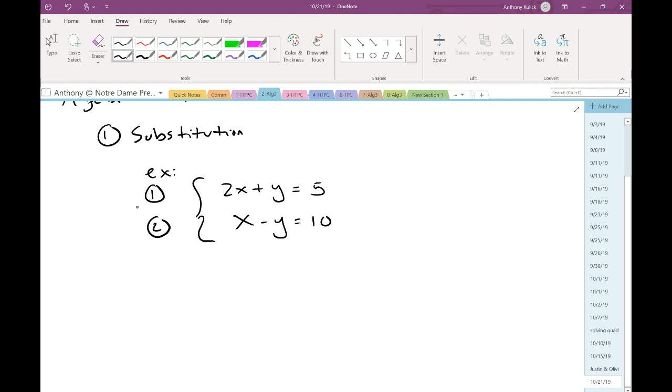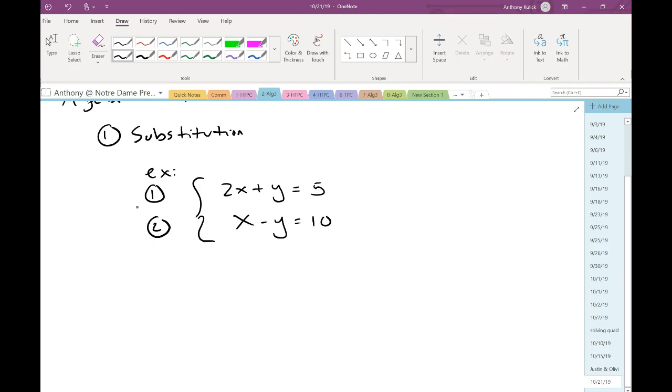In isolating the 2x, I'm going to create decimals or fractions. If I can avoid having to do that, that makes this process a little bit neater and easier. So, me personally, I'm always going to try to choose the variable I want to isolate by trying to minimize the amount of decimals or fractions I create.